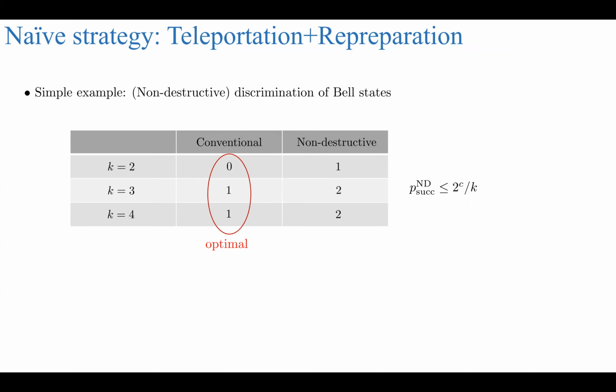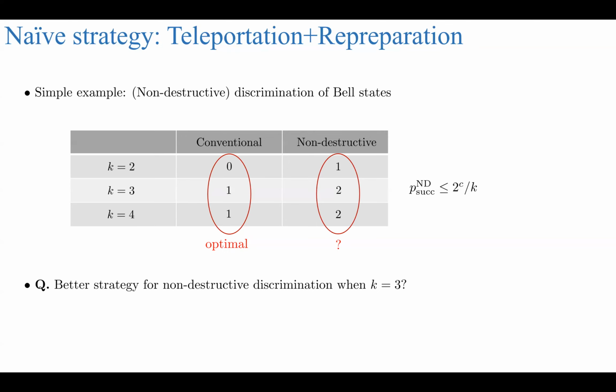And our bound here means that for K equal to 2 and 4, the bound is 1 or 2, but this can be simply achieved by teleportation and reconstruction: first we use the conventional strategy with teleportation, and consume an additional 1 ebit to reconstruct the Bell state. So the K equal to 2 and 4 cases saturate our bound, but we don't know whether this is actually the optimal bound.